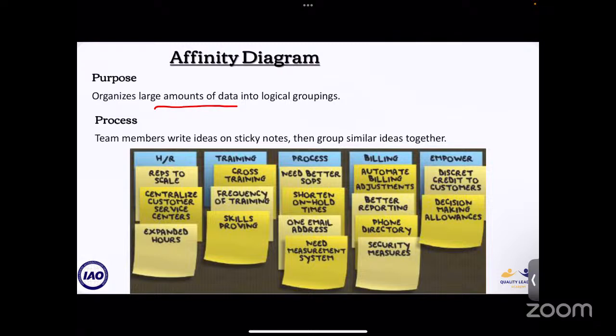For example, ideas related to HR, training, process, billing, and so on. The ideas related to HR go under HR, and ideas related to training go under training. Ideas related to products go under products and so on. So the affinity diagram is used after we collect many ideas, and I often use it after brainstorming to do ranking or categorization.